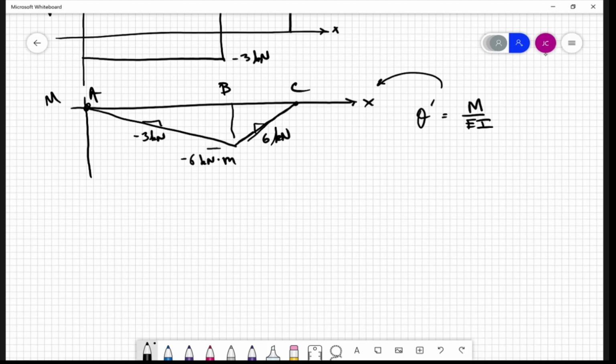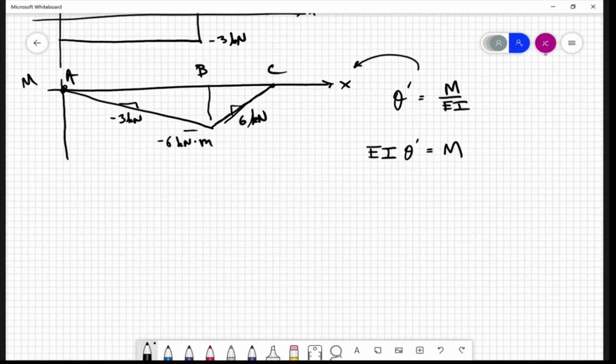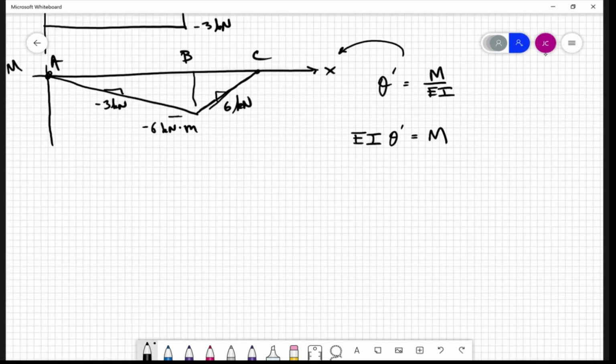So let's just multiply by EI. All right. Or if we want to integrate both sides, you can get that EI times theta is equal to the integral of the moment dx.